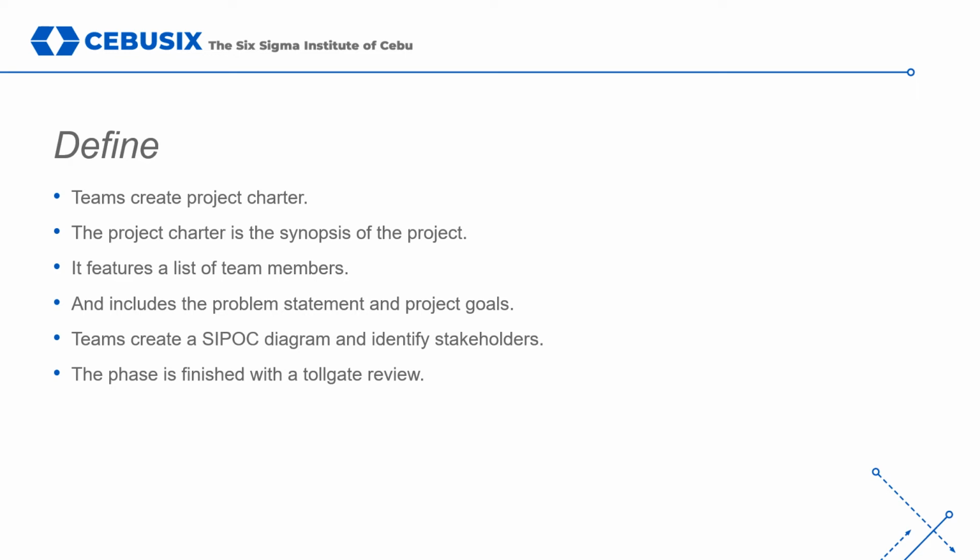Also, during the define phase, teams create or list measurable customer requirements and create high-level documents about the process. Often, teams will start with a SIPOC diagram to help them begin to understand a process. Teams should also identify stakeholders during the define phase.